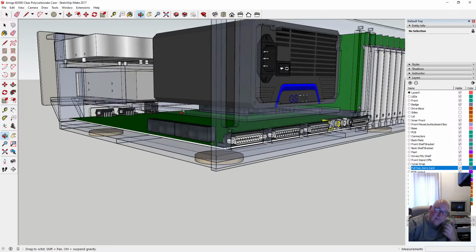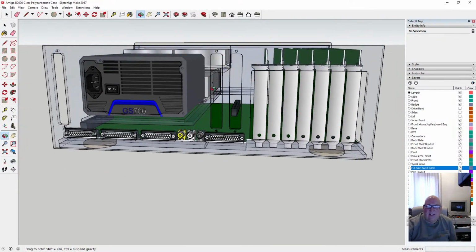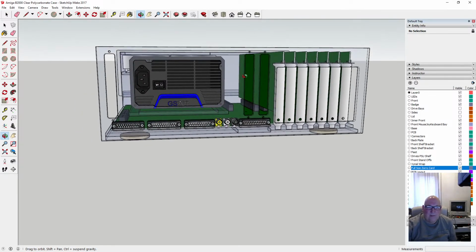Right. Okay, so the slots are in place. Don't know if they're in the right place though. Is there anything else on the back of this thing that needs to be? There's some little folds that the steel folds and the power supply sits on the edge.